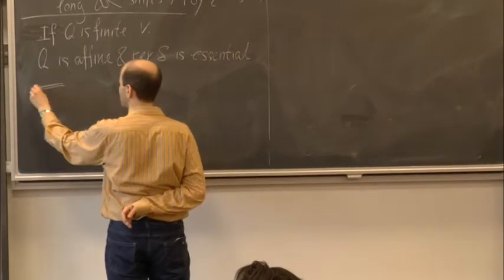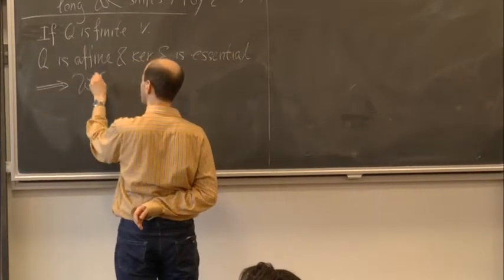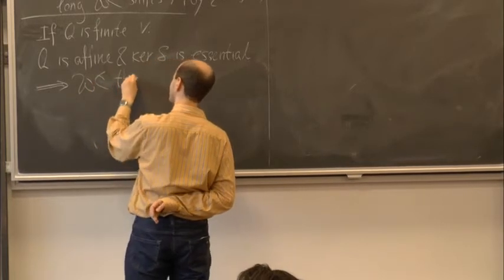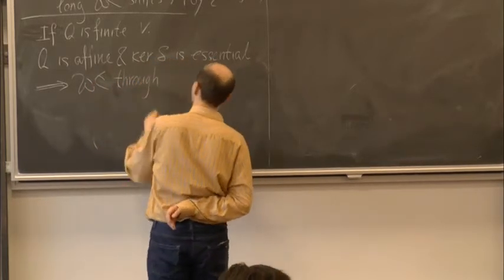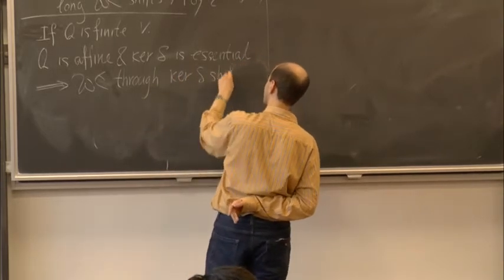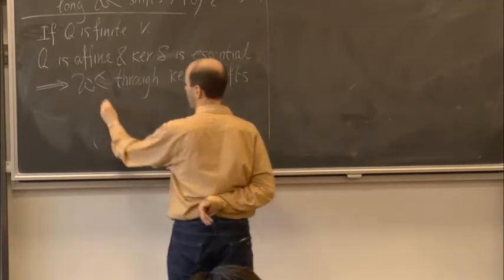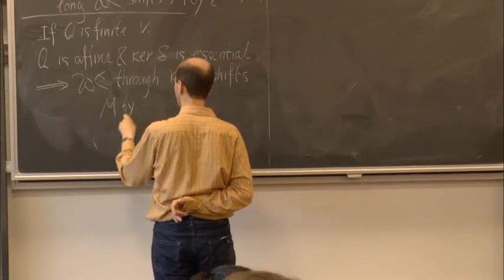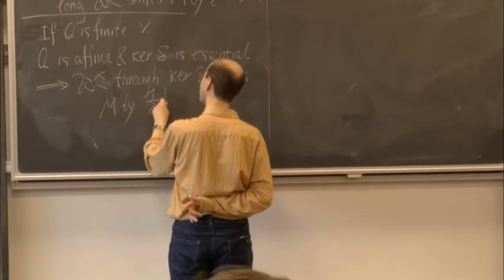Then, well, wall crossing through ker delta shifts M by this number.